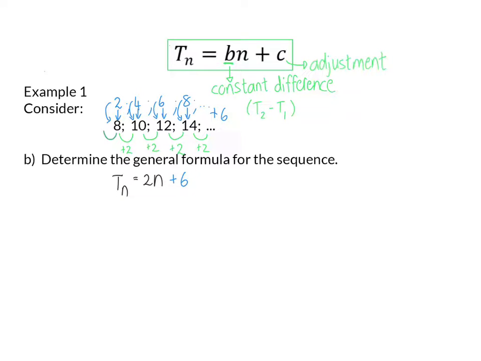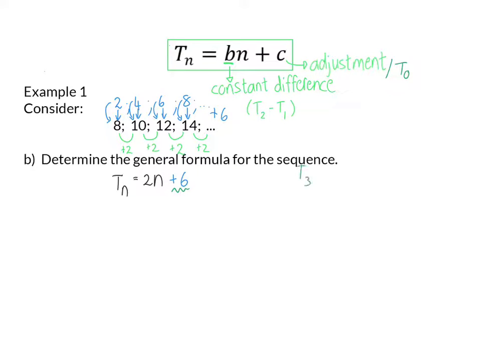If you were to work one step backwards and determine the value of the term in front of the first one, it would also be 6. So you can also choose to determine the c value by calculating term 0. You can always test your general formula by calculating a specific value in the sequence.